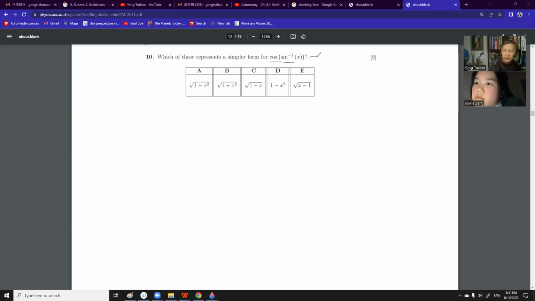Can we just rewrite this form as y? I'll show you. Can we just let y equal this form, the cosine and the sine inverse x? Okay, can we simplify this? Inverse cos y.